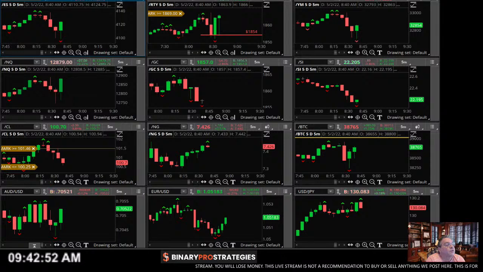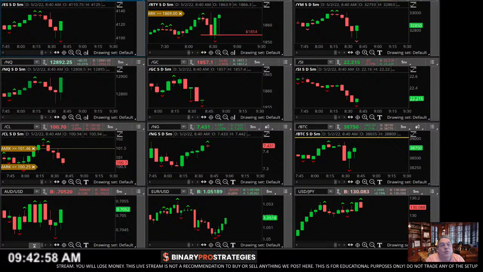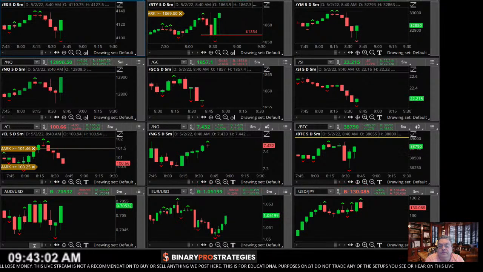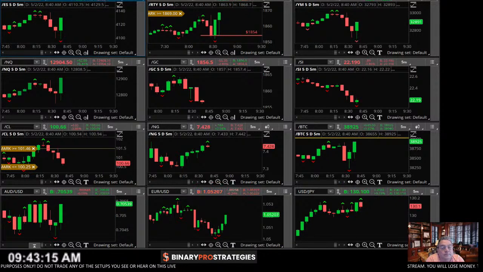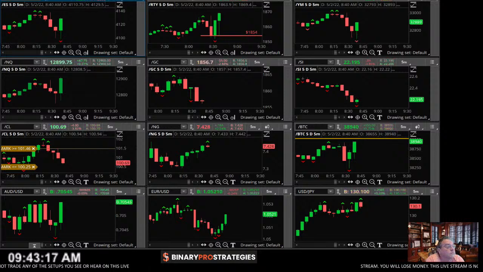RTY already reversed and went long. Man, RTY is getting really choppy, guys. Be careful. I had to exit my RTY short. And it's climbing strong already. Profit target hit.